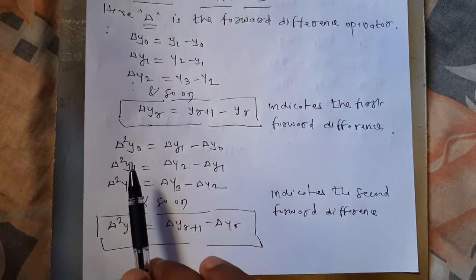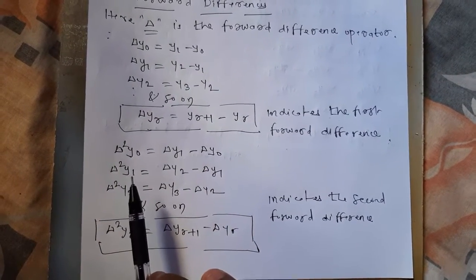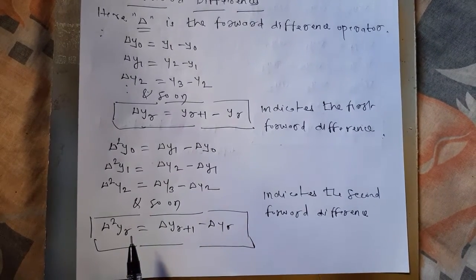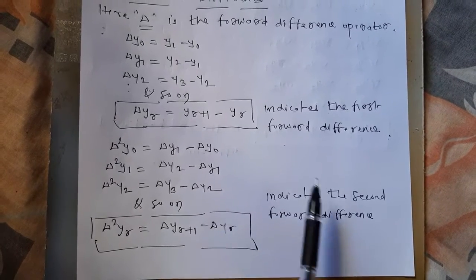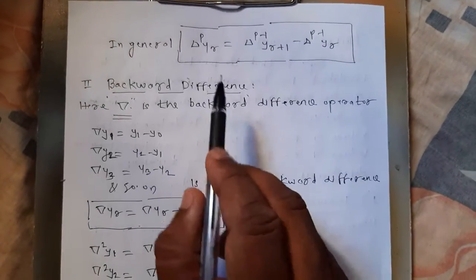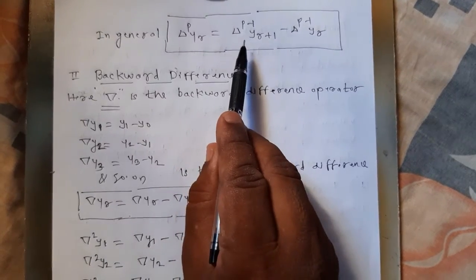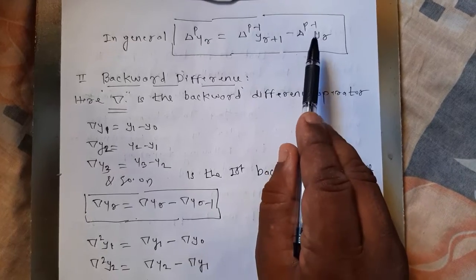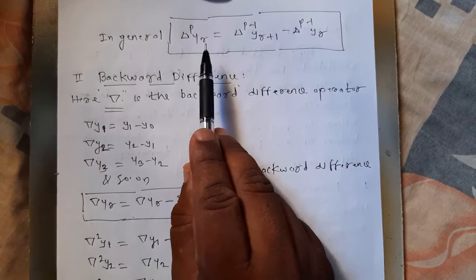Similarly, del square of y naught equal to del of y1 minus del of y naught, del square of y1 equal to del of y2 minus del of y1 and so on up to del square of yr equal to del of yr plus 1 minus del of yr indicates the second forward difference. In general, we can define del raised to p of yr equal to del raised to p minus 1 of yr plus 1 minus del raised to p minus 1 of yr. This is the pth difference.